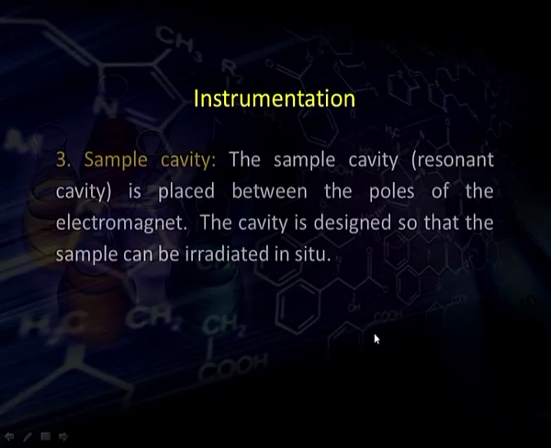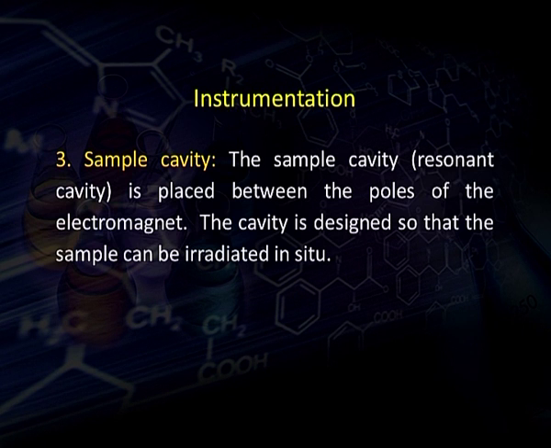The third part is the sample cavity, which is also called the resonant cavity. This is placed between the poles of the electromagnet, and the cavity is designed so that the sample can be irradiated in situ. In situ means inside the reaction medium. Next is the solvent. The solvent plays a very important part; in every spectroscopic technique, we have seen that the solvent has its own role.